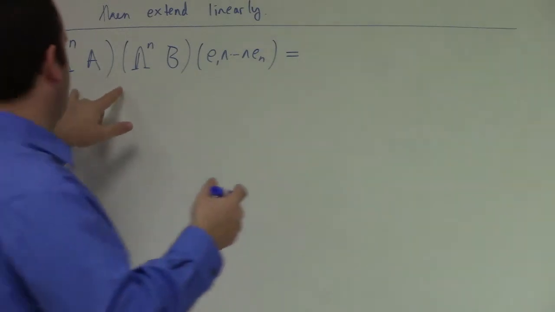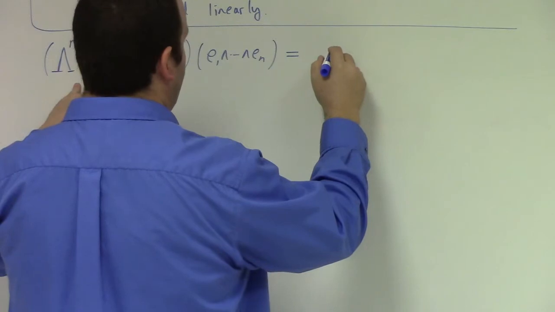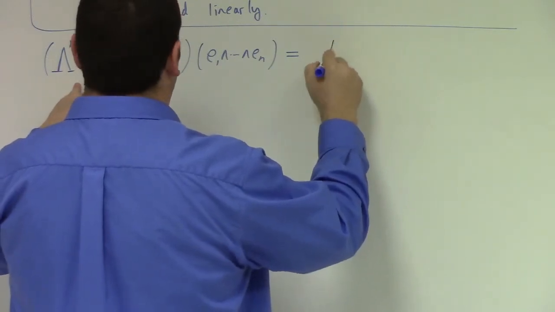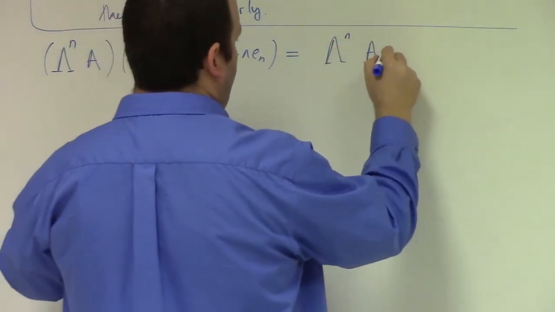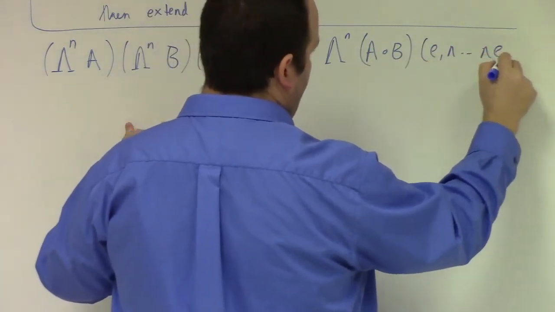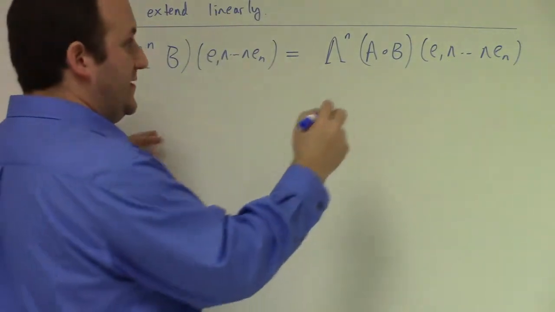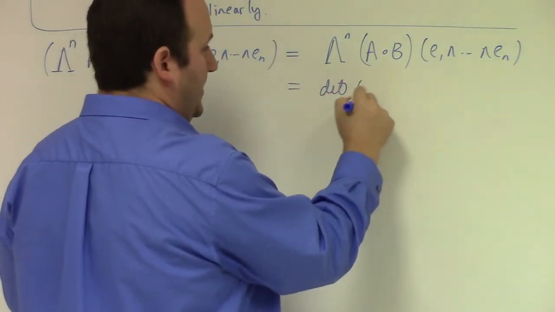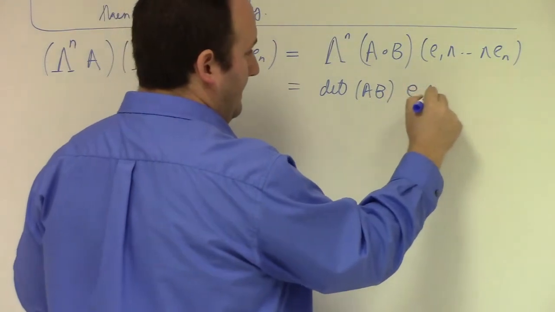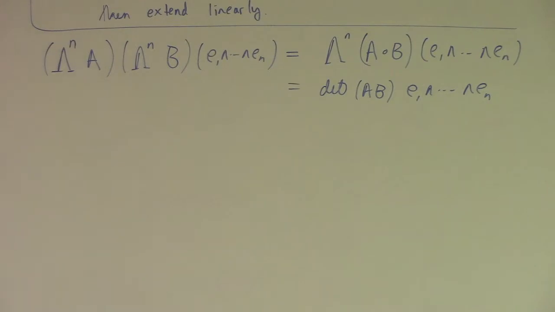So you have that this is equal to, if we believe your homework problem, what? Right? So this, by definition of determinant, will be what? The determinant of the product, right? Because it is the composite of two linear transformations.